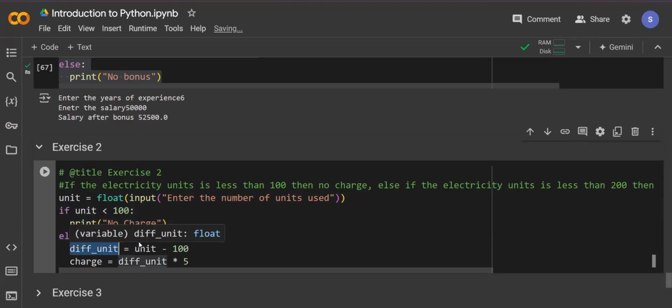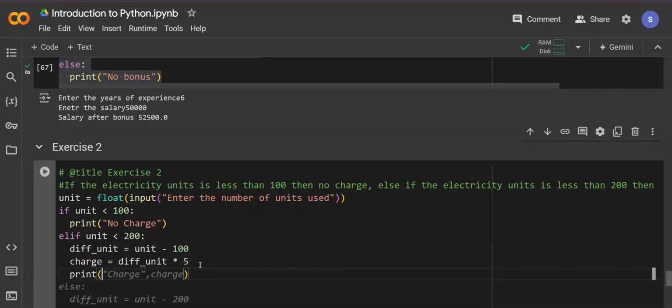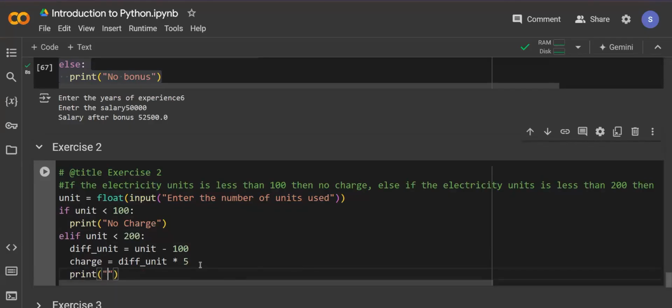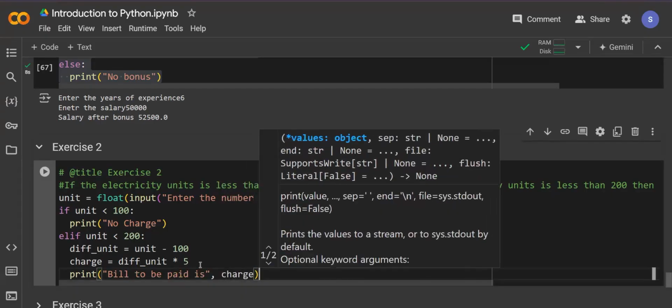That is, difference unit is equal to 101 minus 100, that is 1. Now what is my charge? Charge is 1 multiplied by 5. So let me print the value: bill to be paid is, then let us specify the variable, that is charge, that is 5 rupees. Correct?